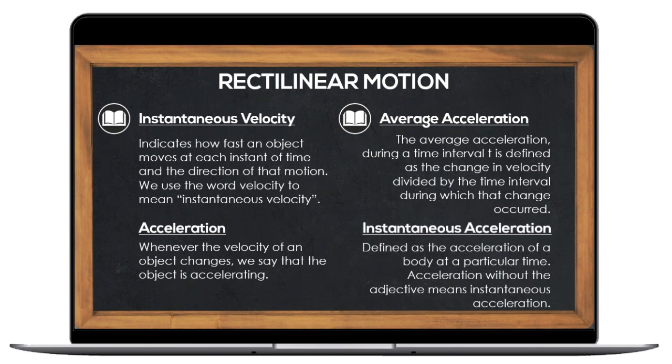And the instantaneous acceleration, so defined as the acceleration of a body at a particular time or at a particular instant. So halos kapares ng sa instantaneous velocity. At that specific instant, at that specific time, what is its acceleration? So acceleration without adjective means instantaneous acceleration. Okay? So again, acceleration without adjective means instantaneous acceleration.